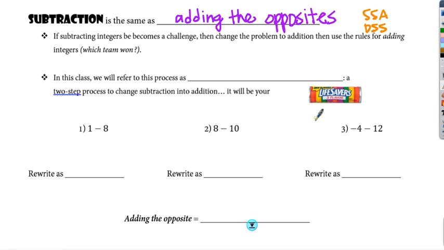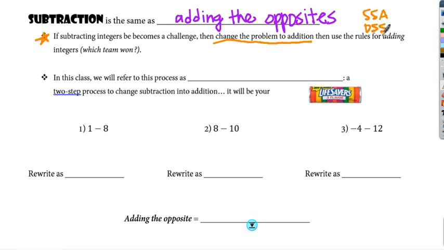So if you read the first list here, it says, if subtracting integers becomes a challenge, then change the problem to addition, then use the rules for adding integers. Which team won? So again, we're going to change subtraction problems into addition problems. And then we're going to use this SSA and DSS.